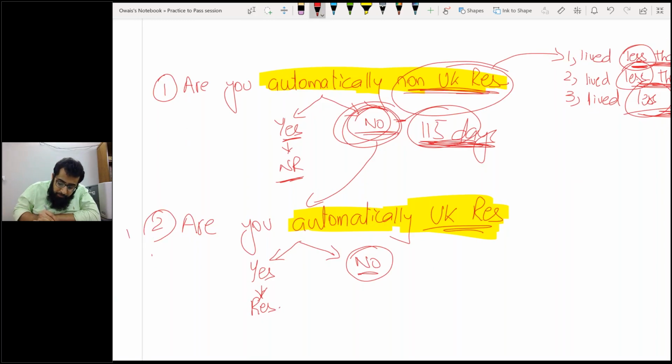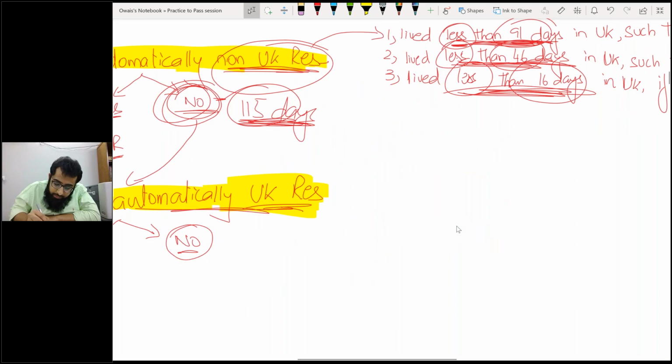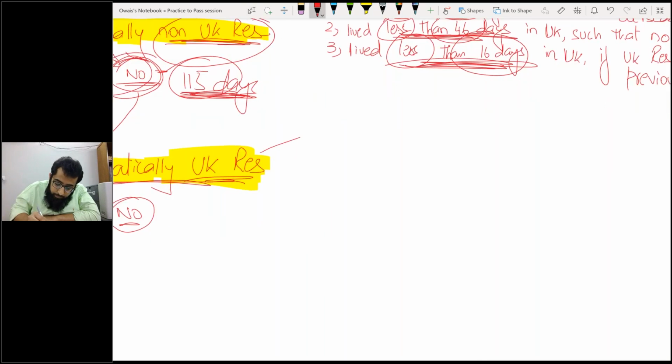Second point, are you UK resident? Now, how does a person become UK resident? 3 questions. Number 1, live for 183 days. Oh, sorry, I lived for 115, I didn't live for 183.